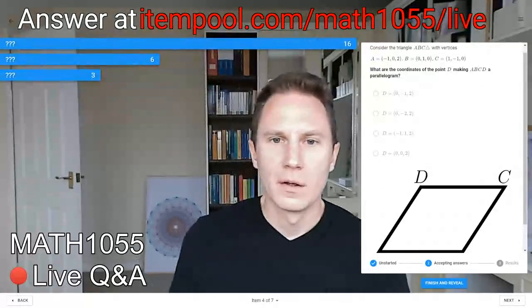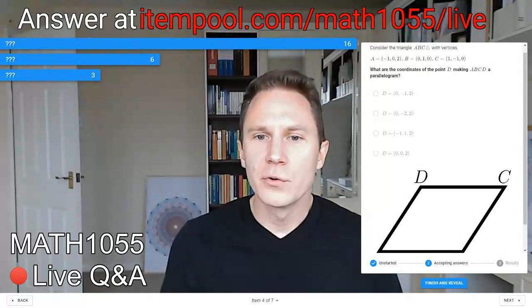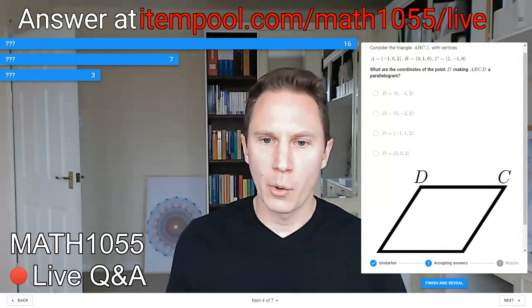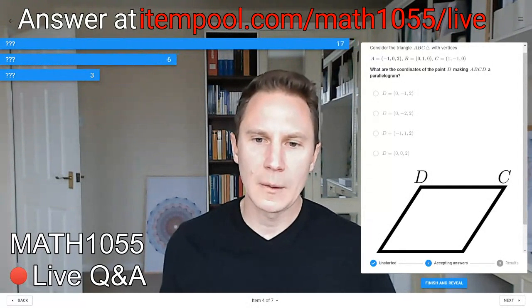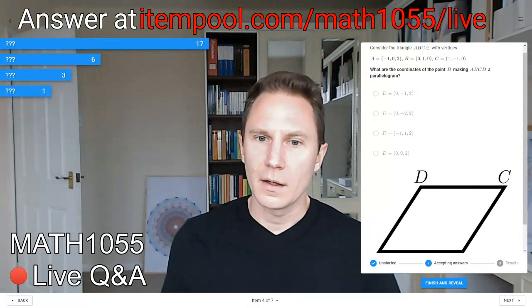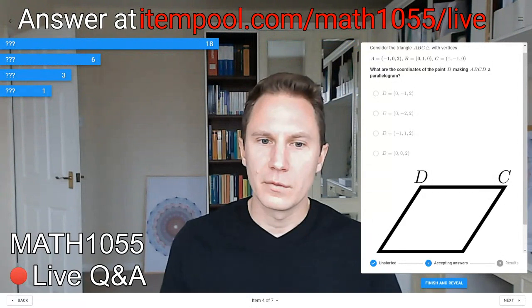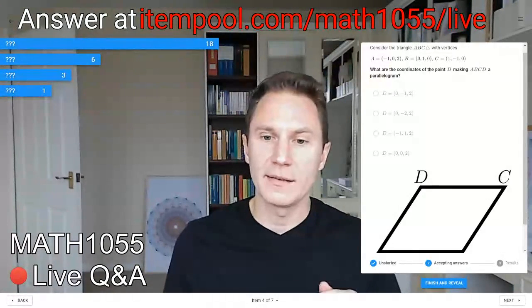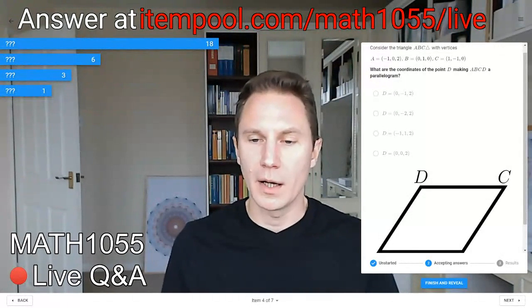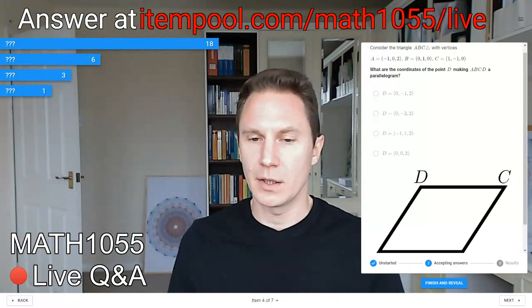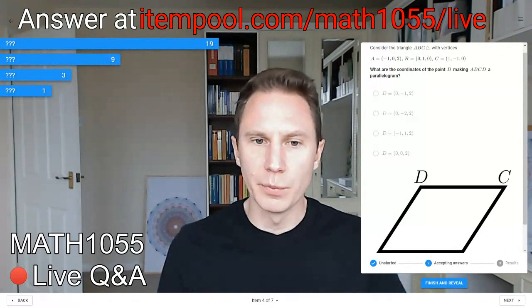So what I'm asking you to do is find the fourth corner of this parallelogram, so that the side AB is parallel to DC, and AD is parallel to BC.